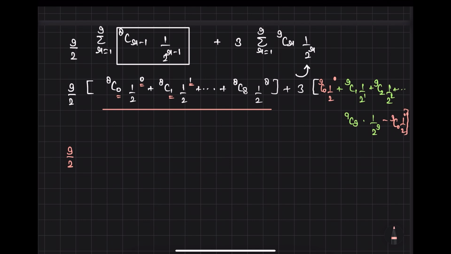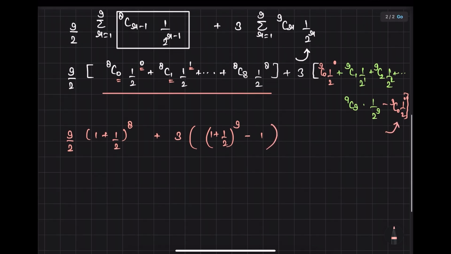So 1 by 2 is behaving like y. So can I write 1 plus 1 by 2, meaning I am assuming x to be 1. So it is 8 plus 3 times, and then we will be having 1 plus 1 by 2 power 9, and then minus 1. Okay, this thing is 1.